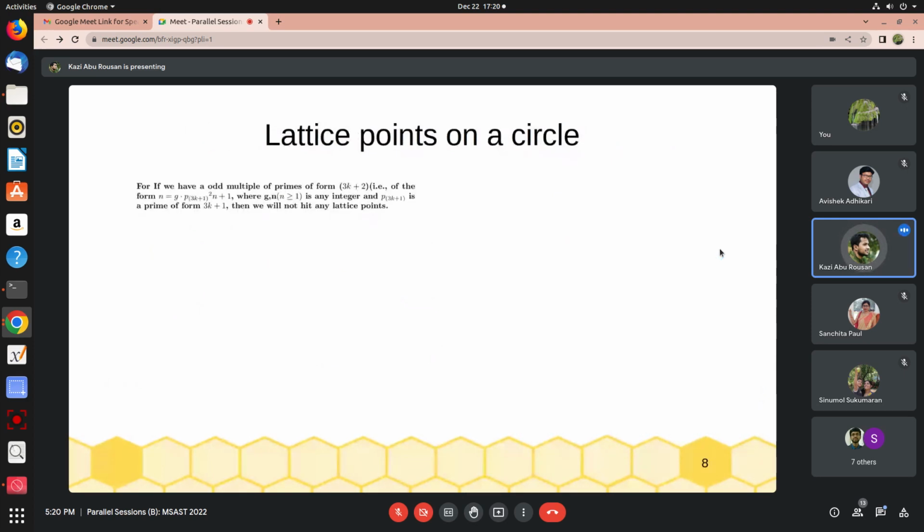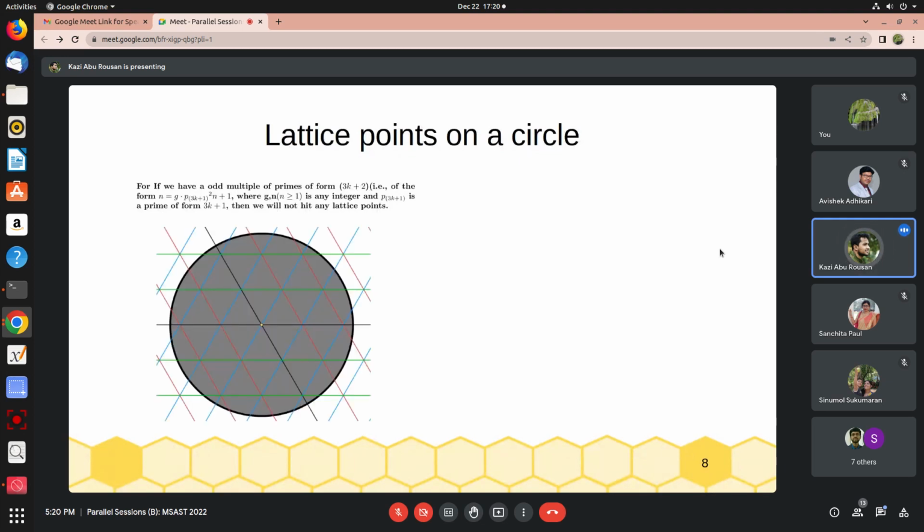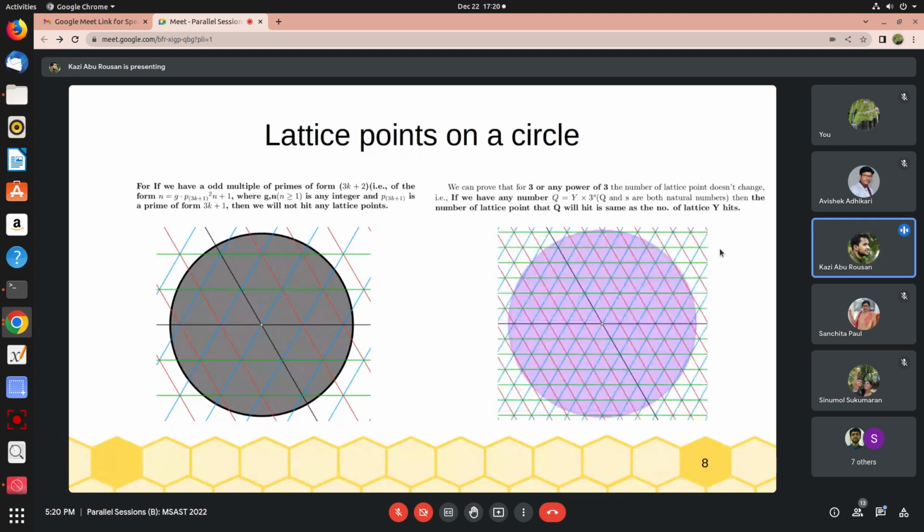So now we do this case for 3k plus 1 numbers. What about 3k plus 2 numbers? For this particular case, you will not get any sort of lattice points. Fine. And for numbers which are multiples of 3, the lattice point count does not change. What I mean by that is, suppose you have this particular 49 or maybe the 7.